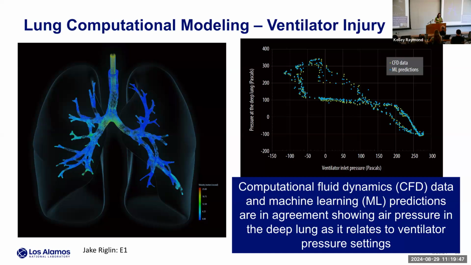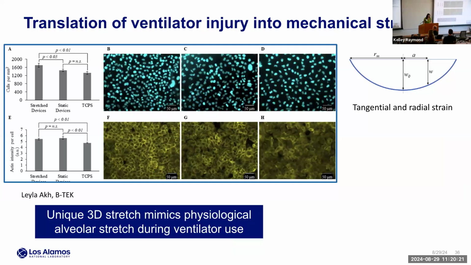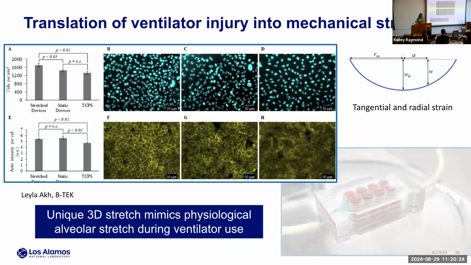And some of the things that they found is that thinking about changes in compliance is going to be important, and we need to be able to measure that on ventilator patients, and you can see that to some extent with a medical exam. You learn a little bit about the compliance of a patient's lung. But they also discovered that that's really going to be important as far as stretch goes and what happens to prevent ventilator injury.